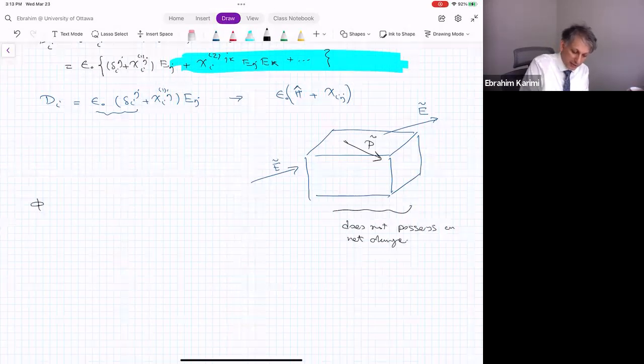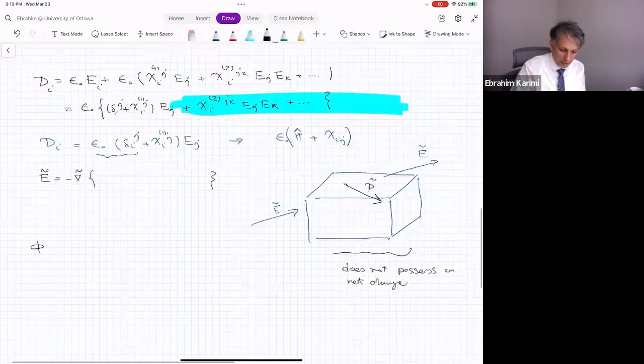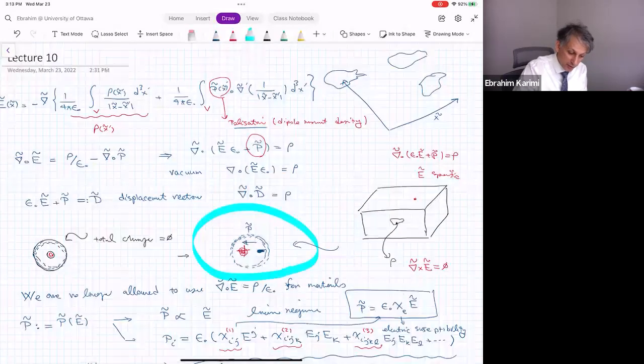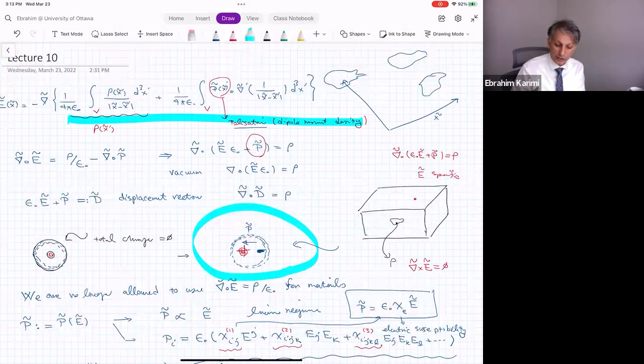Do you remember that the electric field was given by minus the gradient of an expression, which was given at the beginning of the lecture? I'm talking about that expression: 1 divided by 4 pi, the charge density, and then another term which is given by P dot the gradient of 1 divided by |x minus x prime|.